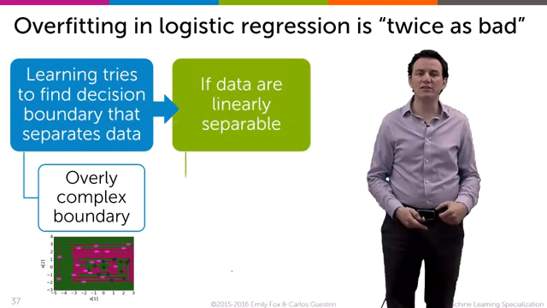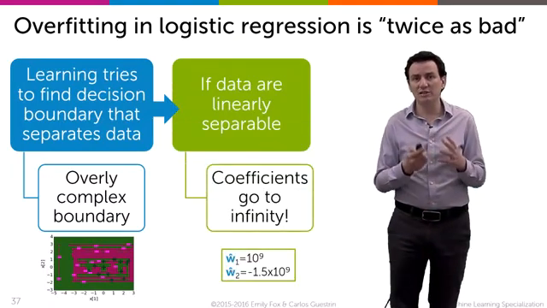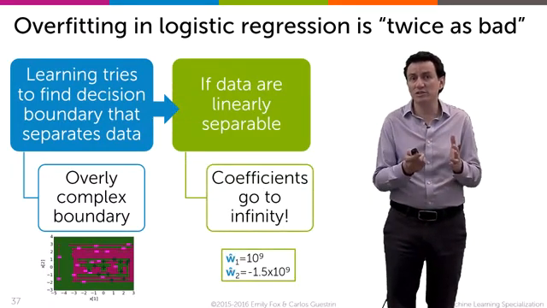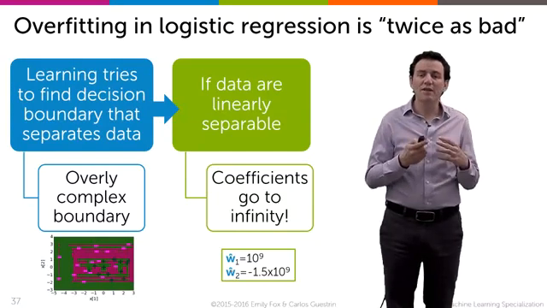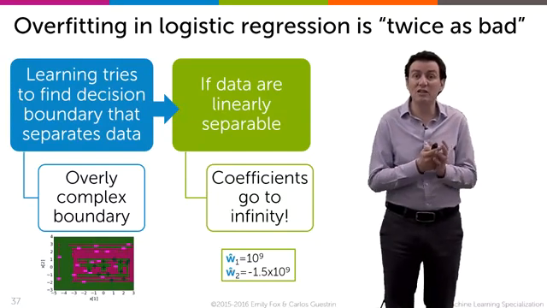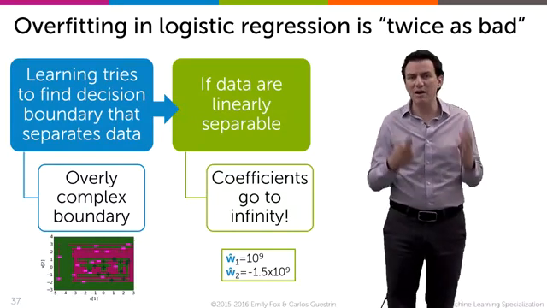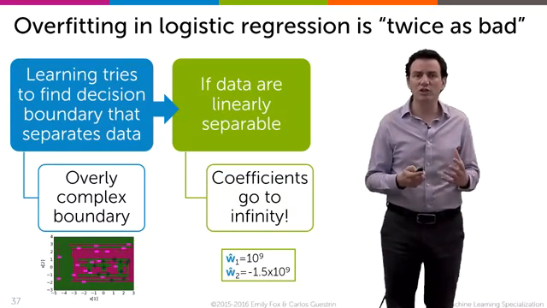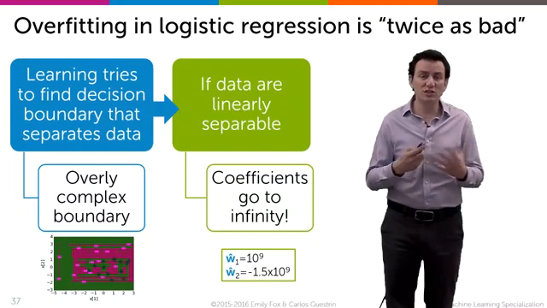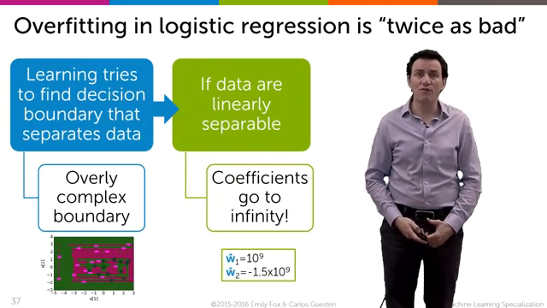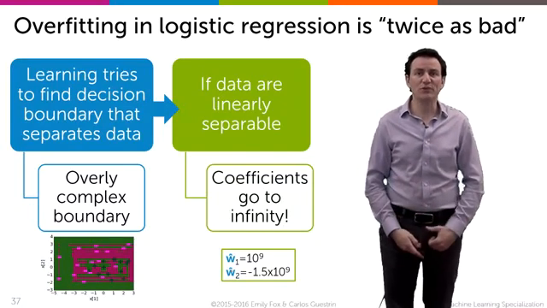But you also have the second effect, where if you have lots of features, the data becomes linearly separable, or you're close to it, then the coefficients can get really big and eventually even go to infinity. And so you get massive coefficients and massive confidence about your answers. And so you see these two kinds of effects of overfitting with logistic regression.